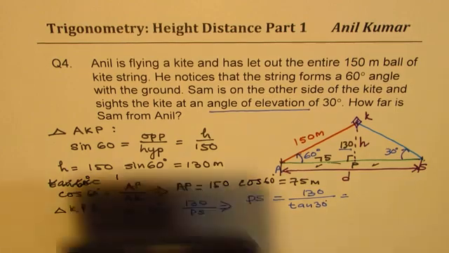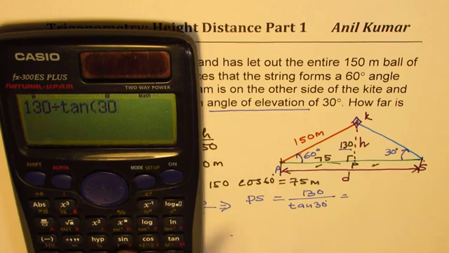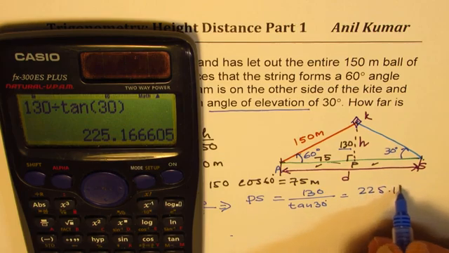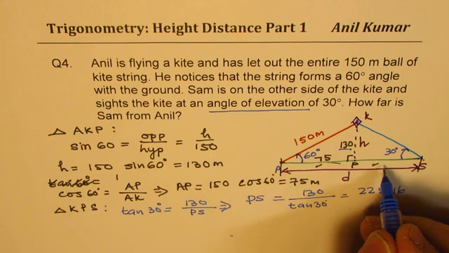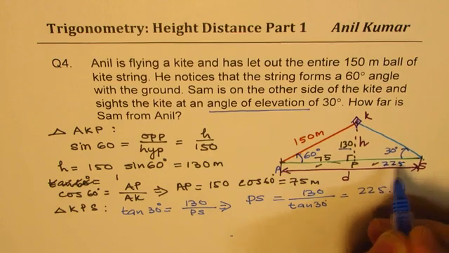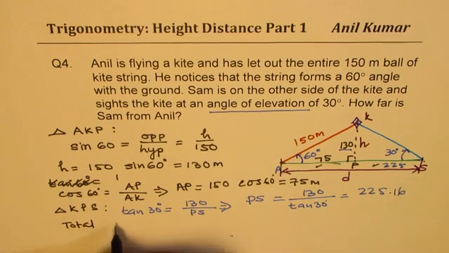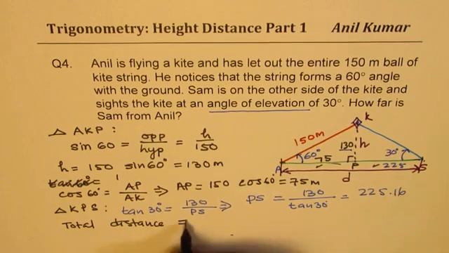Let's calculate this now. 130 divided by tan of 30 degrees is 225.16. We'll round it to 225. Is that okay? So this is 225, the other one is 75, and therefore the total distance between them is how much?